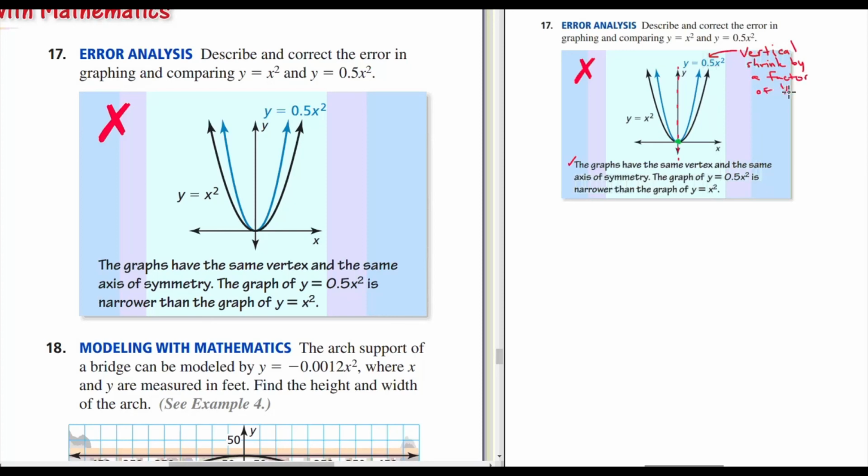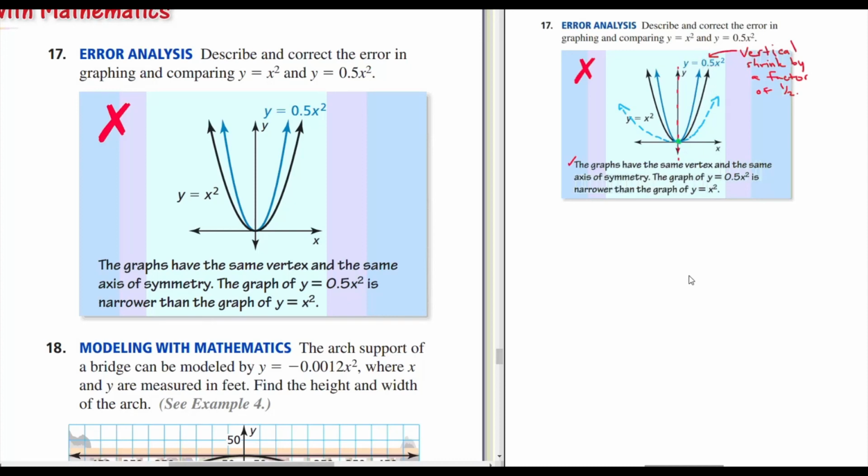So if it's a vertical shrink compared to the parent function, these points should not be taller compared to the black graph. They should be shorter. So that blue graph should actually be coming down here, and it should be something like this, only 1/2 the height of the parent function. So that is what is incorrect. Their graph is incorrect.